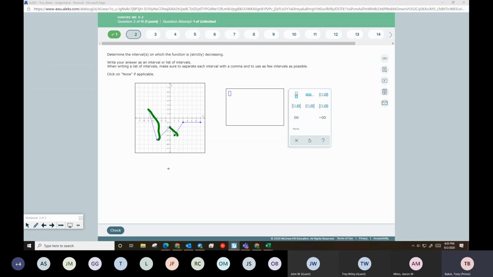So we're looking at it from -5 to -3, and then 0 to 1 is where it's actually decreasing. So we're going to put both of those intervals into the box. Now you're not going to use the U between these. In this topic, you're just putting a comma between the intervals.